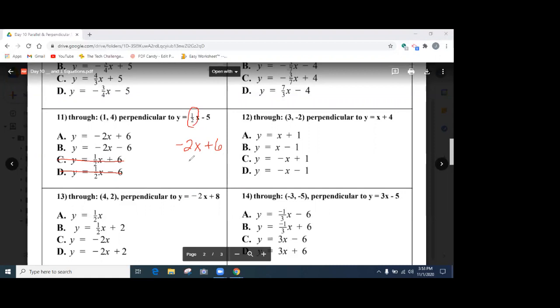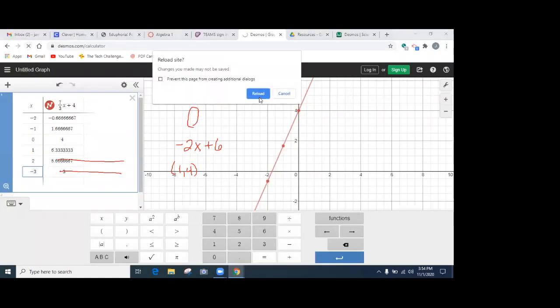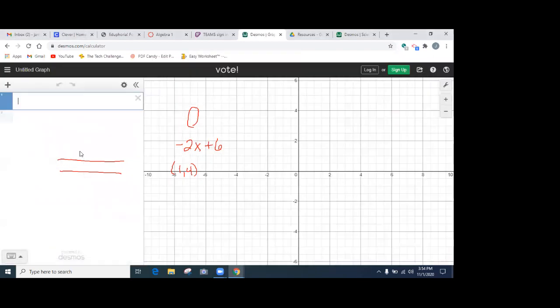All right. So I'm going to go type this in. We're looking for the point 1, 4. So go reset this. All right, so we're going to go y equals -2x plus 6.